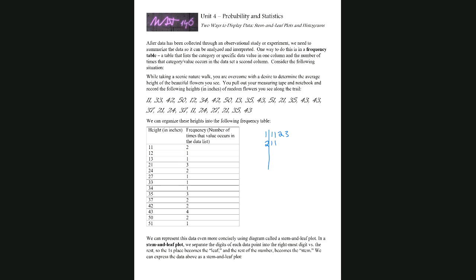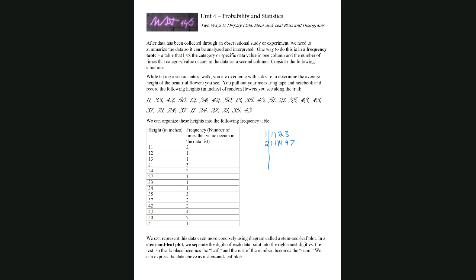And 24, right, so I can put a 4 there. Usually you put these in order. And another 24. And I also had a 27, and then another 21, so I might insert that one right there. Okay, so this is the stem, and these are all the leaves.